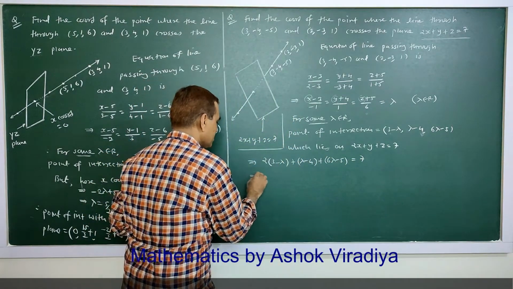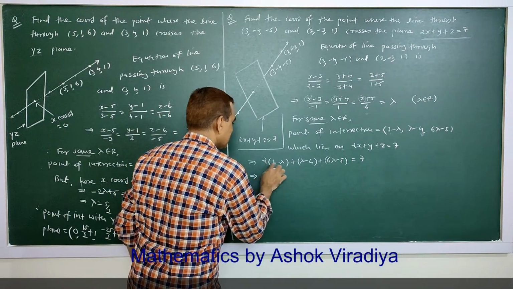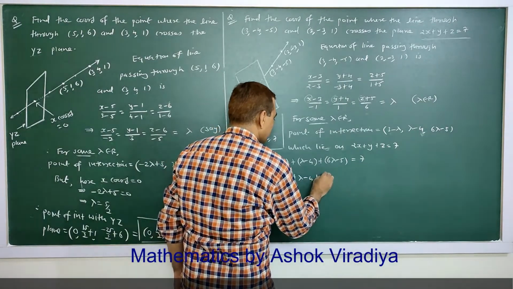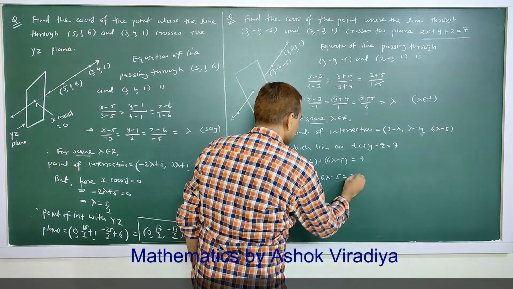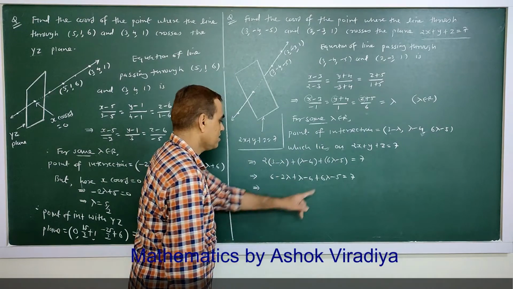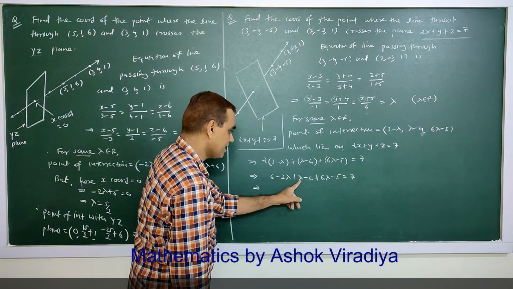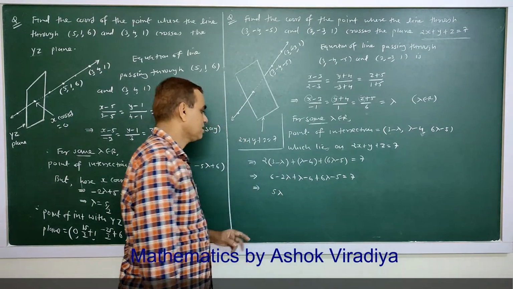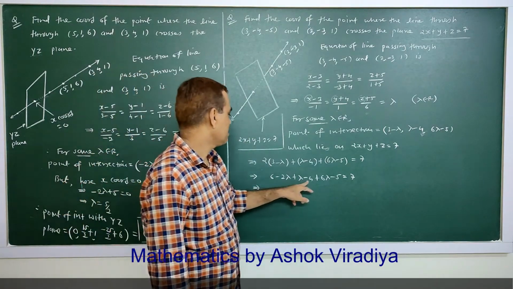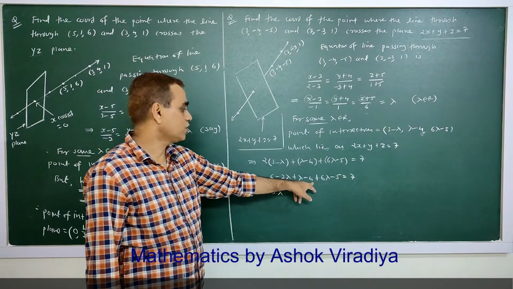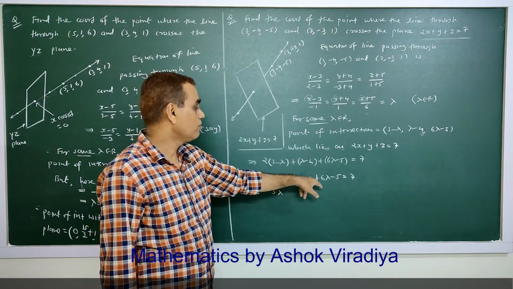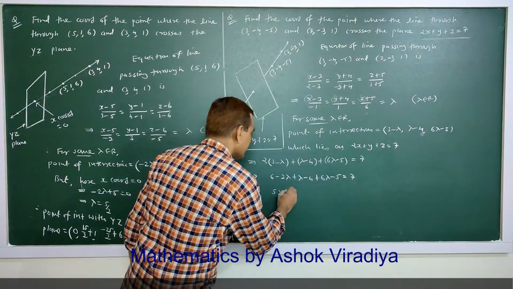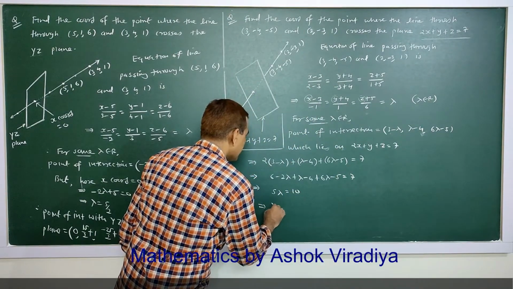So that is 2 into 3, 6 − 2 lambda + lambda − 4 + 6 lambda − 5 = 7. Therefore 6 lambda plus lambda is 7 lambda. 7 lambda minus 2 lambda is 5 lambda. 6 minus 4 is 2. 2 minus 5 is −3. Take −3 to the other side. That is 7 plus 3 is 10. So lambda is 2.